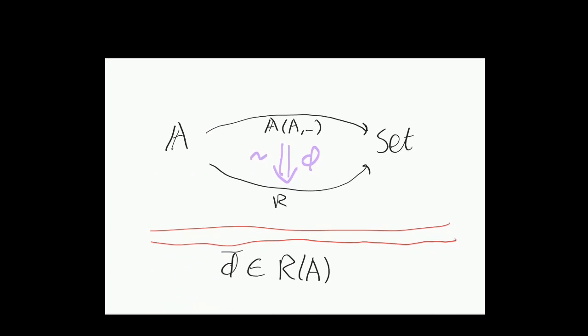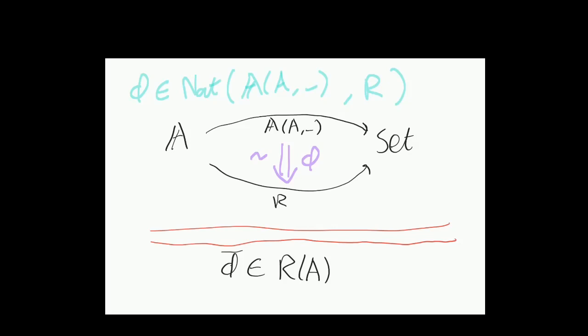So we've been thinking about representable functors. Suppose R is a representable functor. That means we have a natural isomorphism from this Hom functor to R. So we could say that this phi is a natural transformation from this Hom functor to this other functor R. It turns out that it's a natural isomorphism, but for the moment we'll just think of it as a natural transformation.